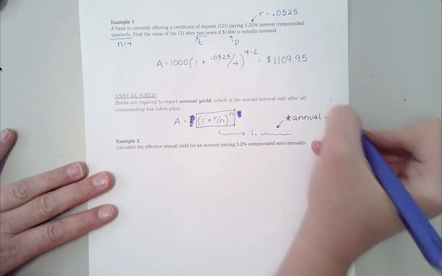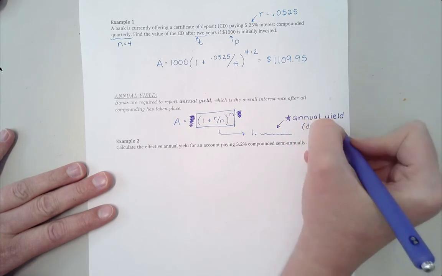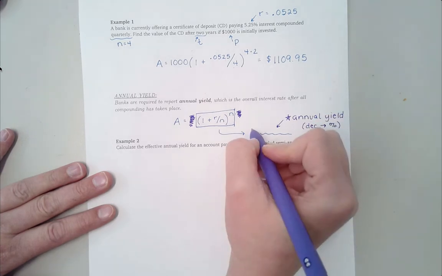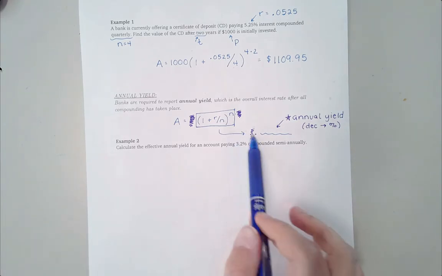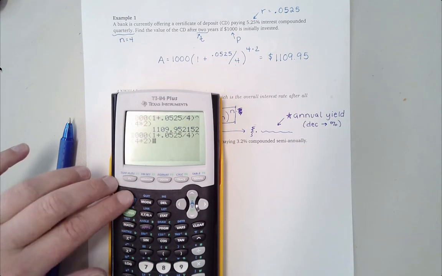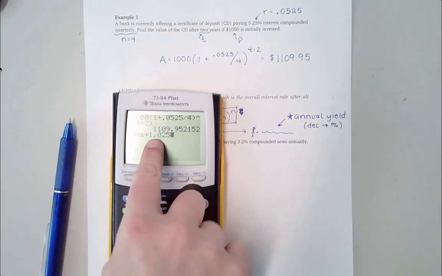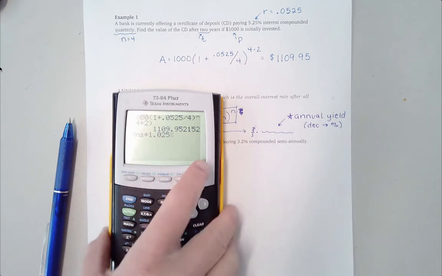And we're going to take that decimal and write it back in percent form, ignoring the 1. Okay, we'll get rid of the 1 once we have found our annual yield. Okay, because that 1 is really just meant to represent growth. Remember how when we were doing this on the calculator before, I was multiplying by 1.025. That 1 in front is just saying that's what you're growing by.